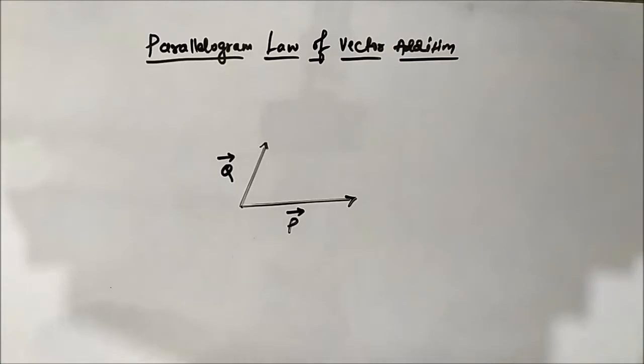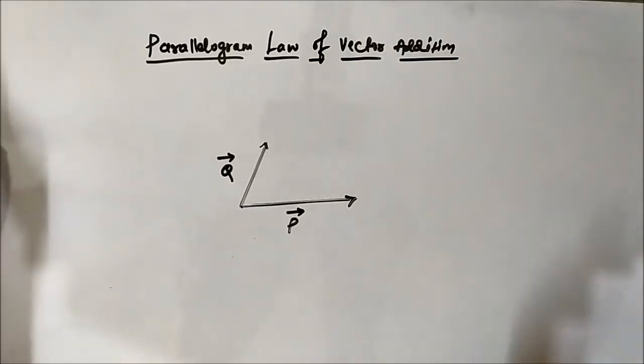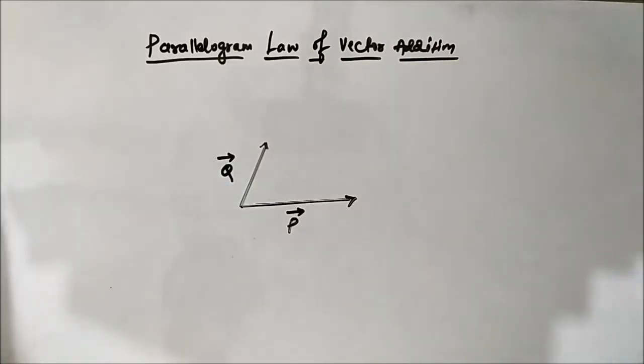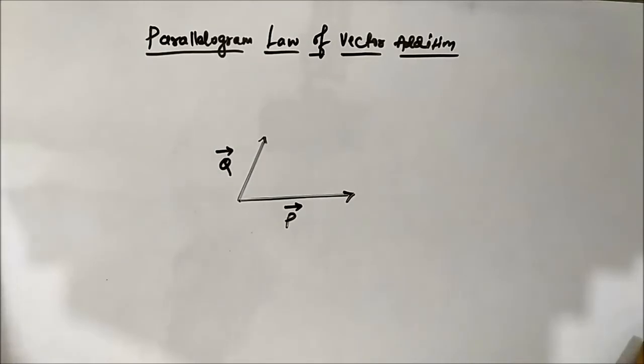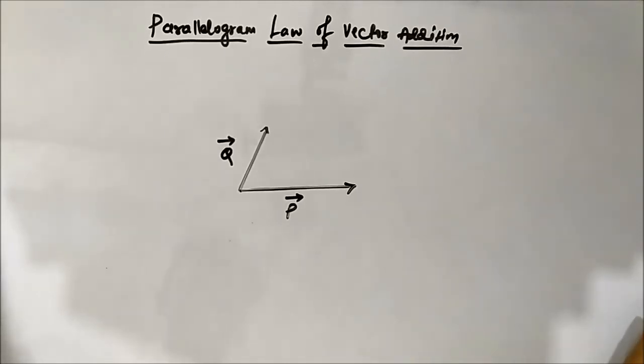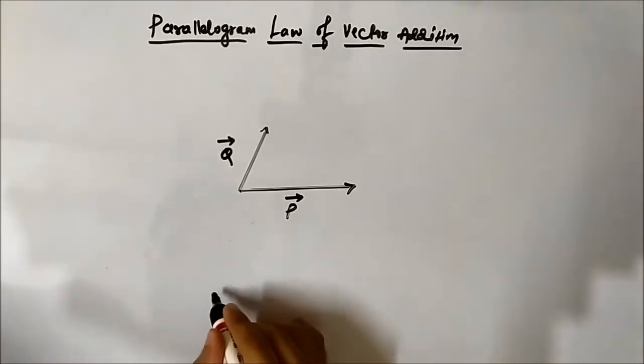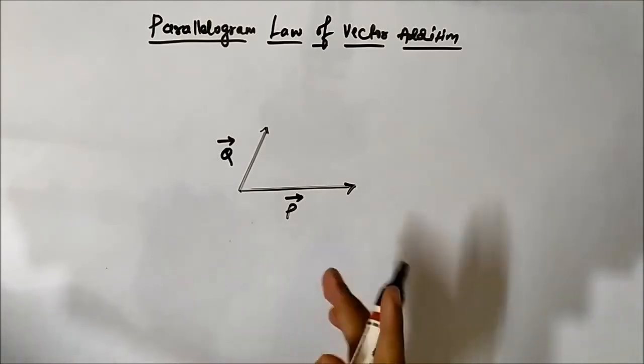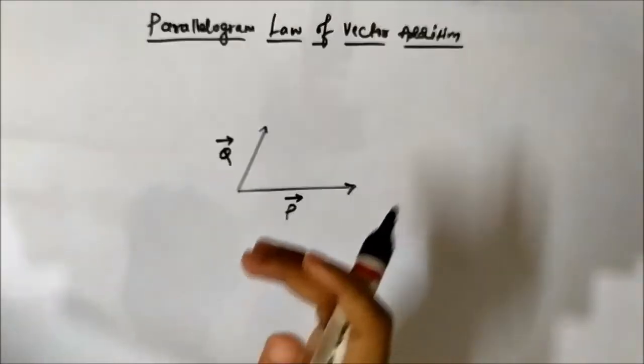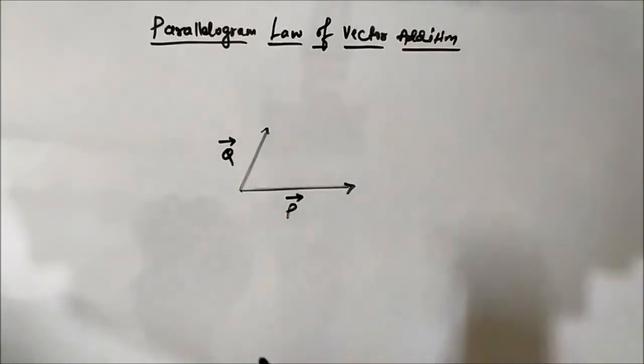Another important thing associated with vectors is the concept of shifting of vectors. One interesting property of vectors is that we can shift them laterally, sidewise, or top to bottom, bottom to top.